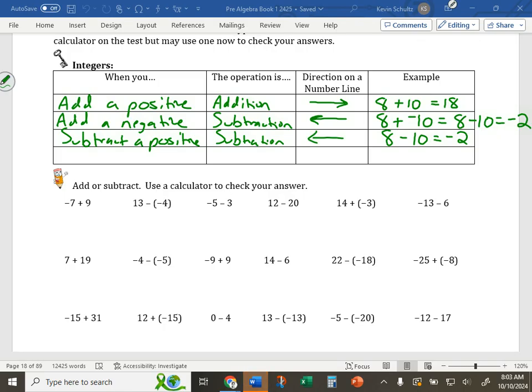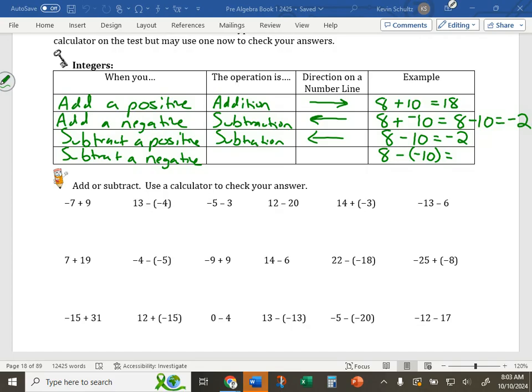And finally, the fourth option is if you subtract a negative. What that's going to look like is like this: 8 minus, and then in parentheses, negative 10. You've got those two negative signs back to back like that. Some examples that you see here would be like 13 minus negative 4, 22 minus negative 18.